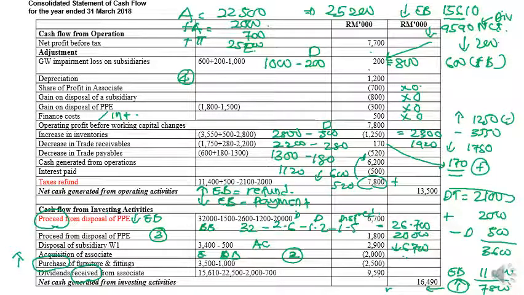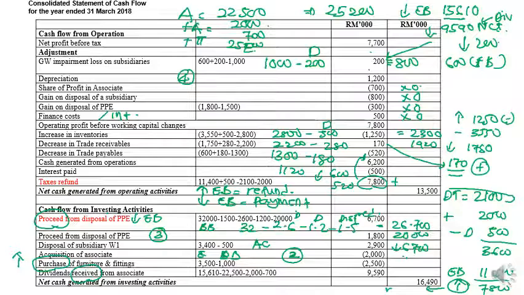The share of profit that we have here from your income statement is 700. So altogether you're going to have 25,200. Okay, 25,200 is the balance that you have here.